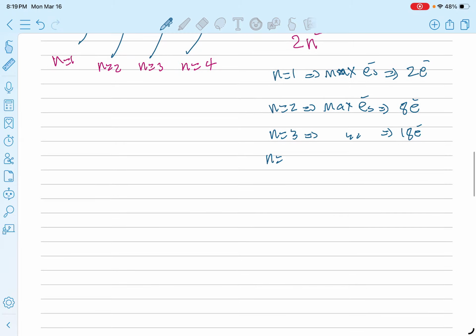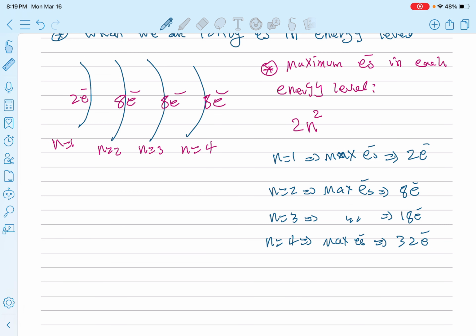And n is 4, the maximum electrons is 4 squared, which is 16, times 2, 32 electrons. So although we are writing 8, 8, 8, the maximum electrons here is 2 electrons, here is 8 electrons, here is 18 electrons, and here is 32 electrons.